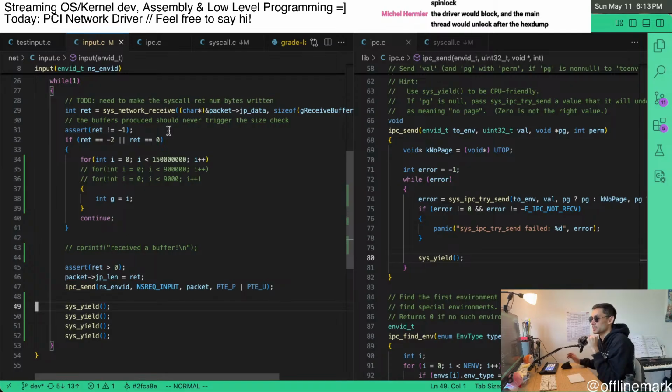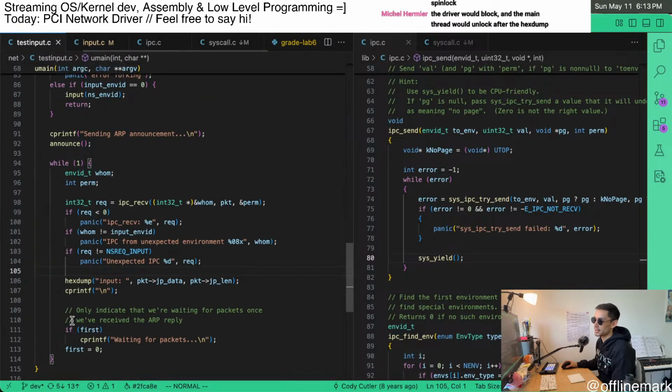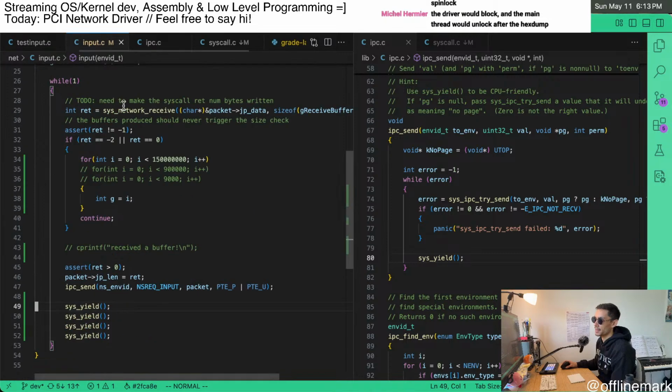I think it would be a bit like a condition variable, maybe. The condition variable would wait here, and then you would signal it here, and then it would wake it up.